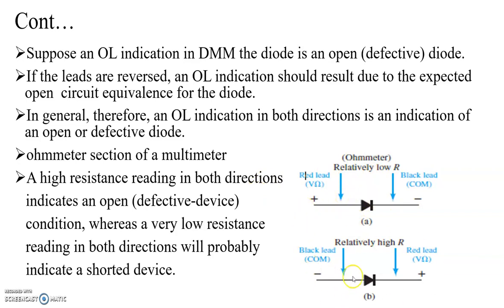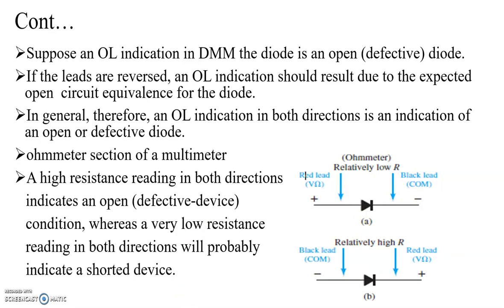Now when the terminals are reversed, that means the anode is connected to the negative and the cathode to the positive, that is the reverse biased condition, and the resistance value will be high.